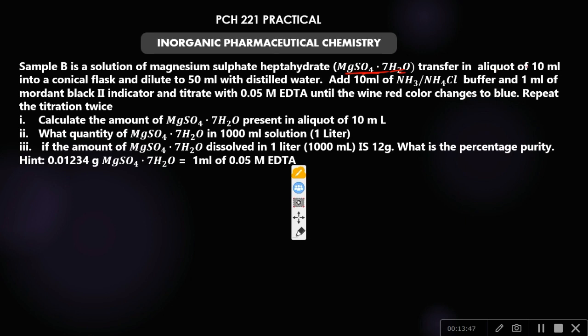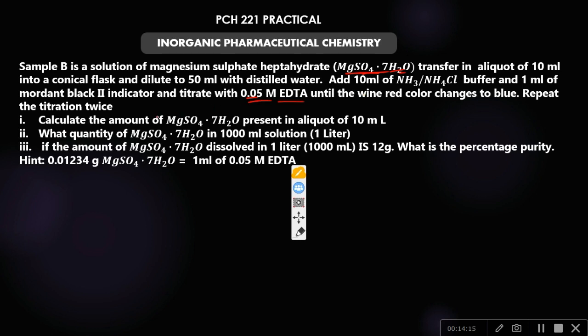Transfer 10 ml into a conical flask and dilute it with distilled water. Add 10 ml of ammonia buffer, and 1 ml of mordant black 2 indicator and titrate with 0.05 EDTA until the wine color changes to blue.